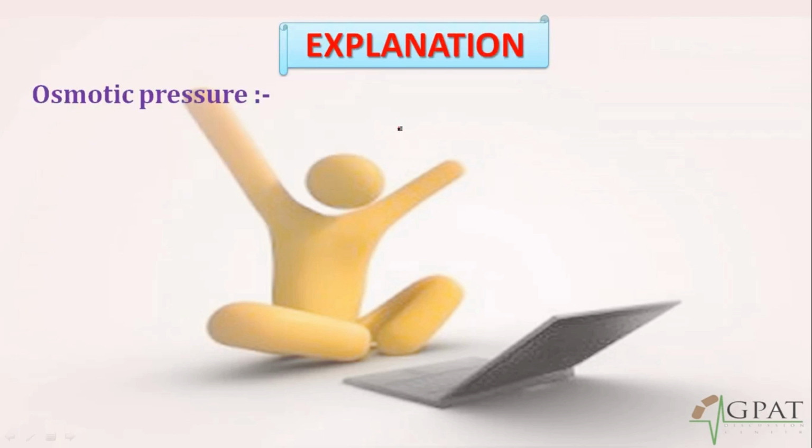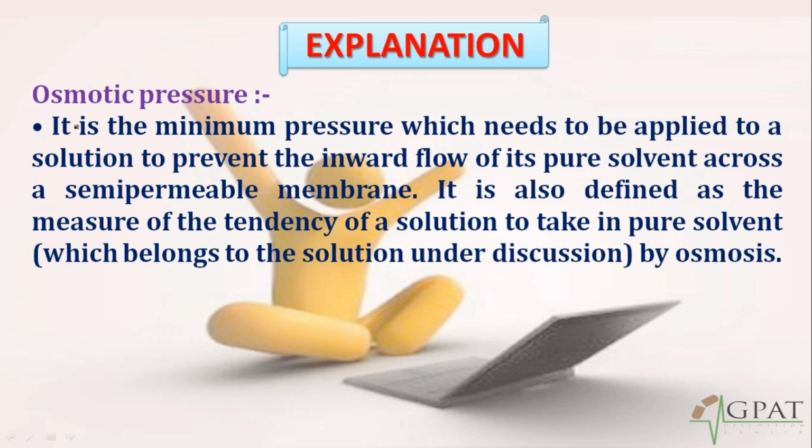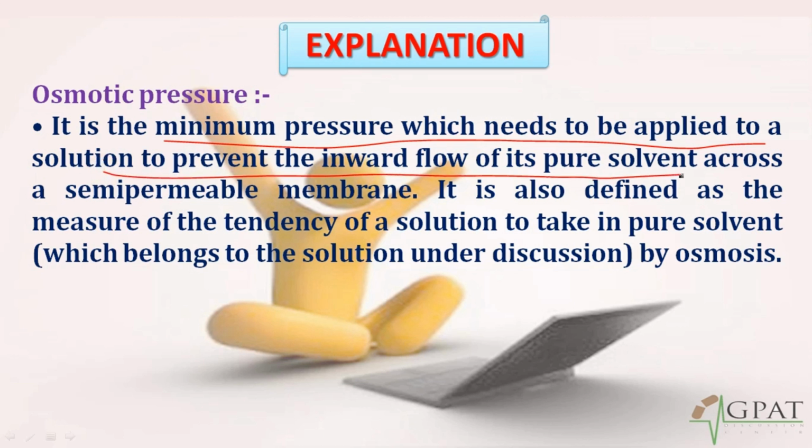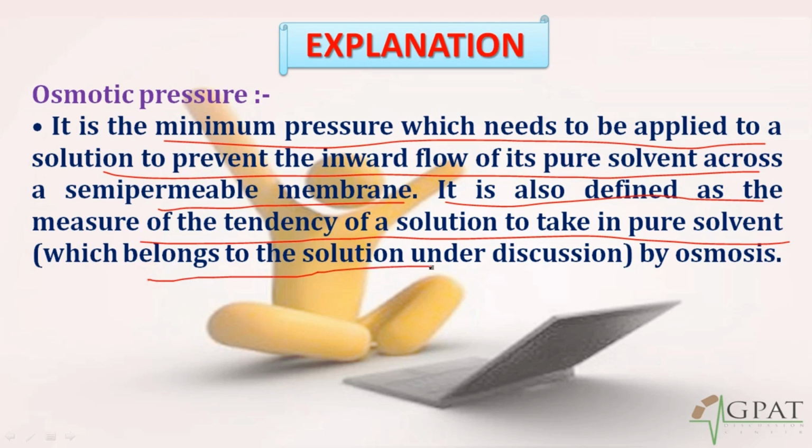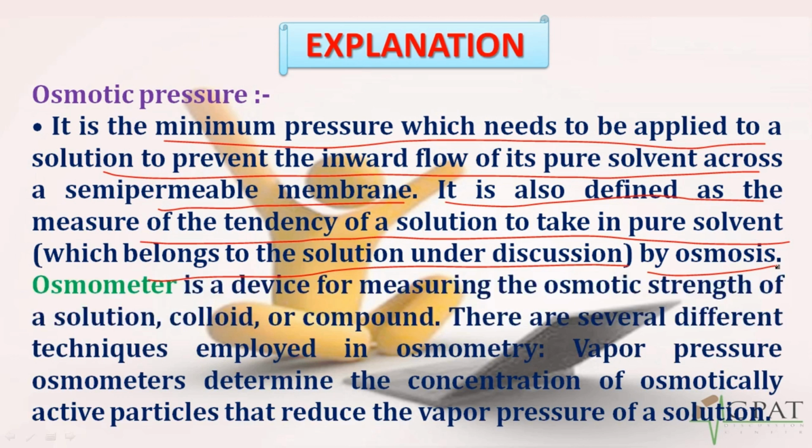What is the osmometer? Osmotic pressure is the minimum pressure which needs to be applied to a solution to prevent the inward flow of its pure solvent across a semi-permeable membrane. It is also defined as the measure of the tendency of a solution to take in pure solvent by osmosis.